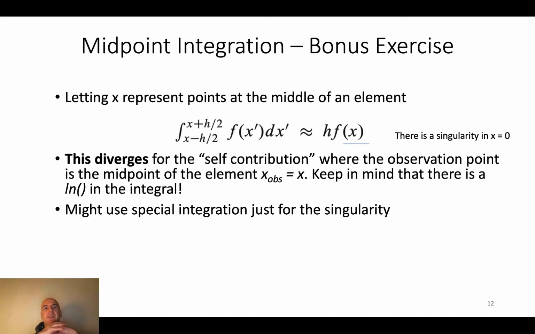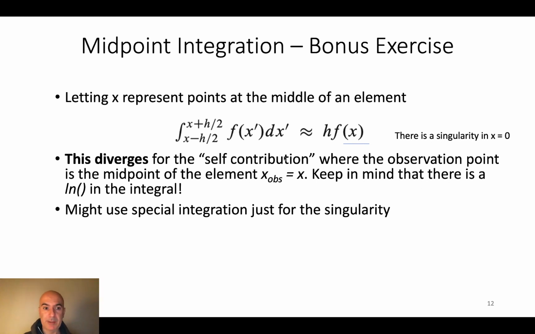So the first technique that we are going to ask you to implement as a bonus exercise is the midpoint integration. So the integral for one element is basically going to be our Green's function. So this integral is using just one point, at the middle between these 2 nodes, right? So in the case we want to calculate for x equal to 0, this is going to be minus infinity, and this integral is going to diverge.